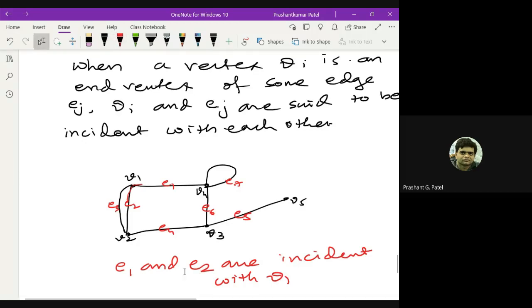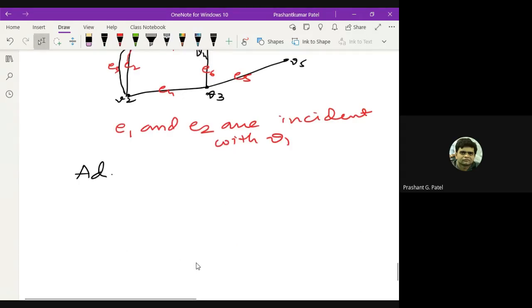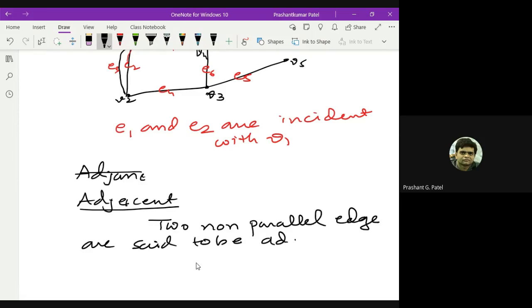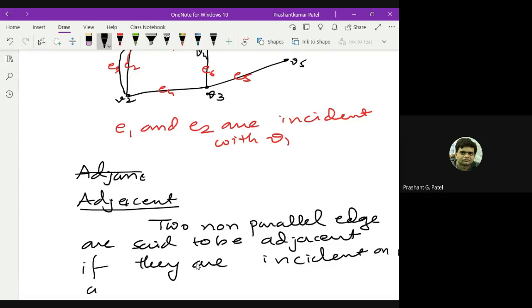The next definition is adjacent edges. Two non-parallel edges are said to be adjacent edges if they are incident on a common vertex.